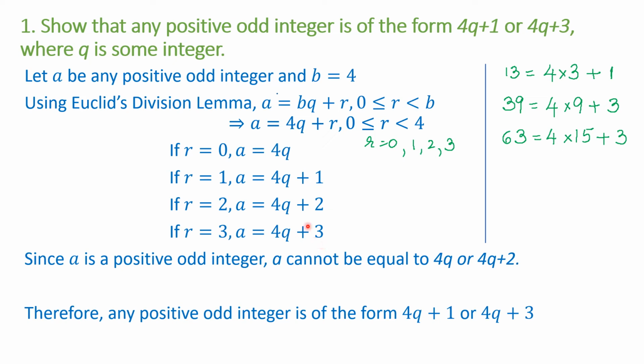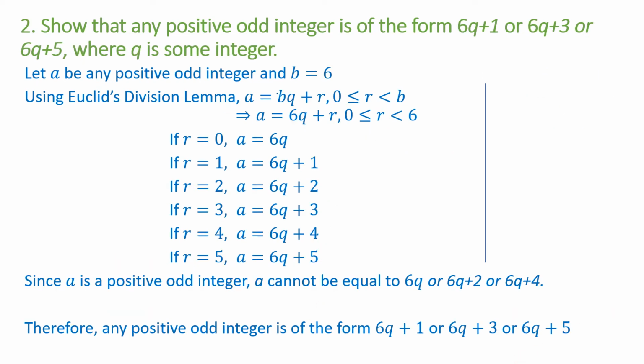But since I have assumed that a is any positive odd integer, it cannot be 4q, it cannot be 4q plus 2. So a is of the form either 4q plus 1 or 4q plus 3. Let me take the next.